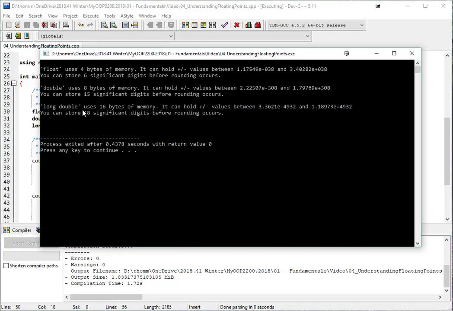We can see that long double apparently uses 16 bytes of memory, which would be 128 bits. It can hold positive and negative values that are much smaller and much larger. That's a lot of moving the decimal places, 4,000 to the left or 4,000 to the right, nearly 5,000 actually.